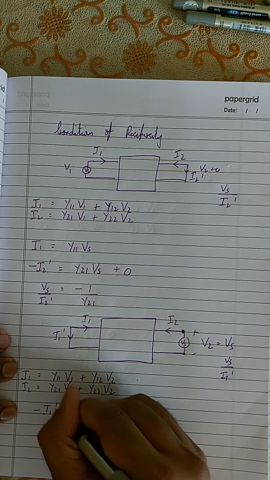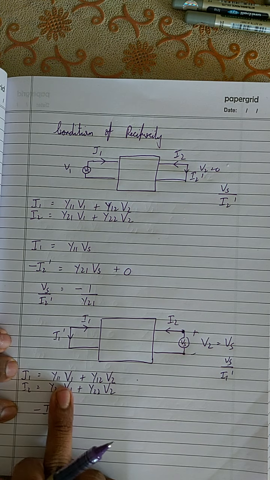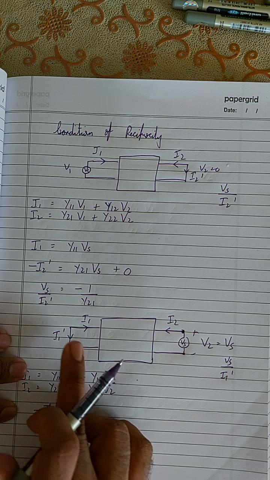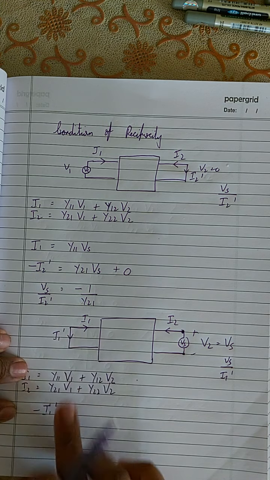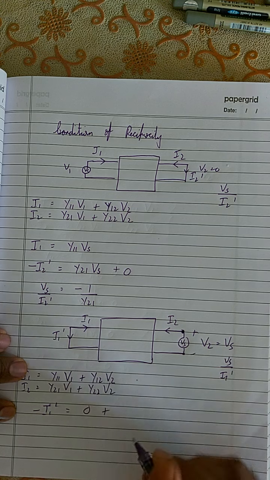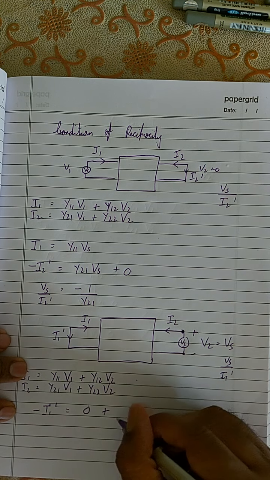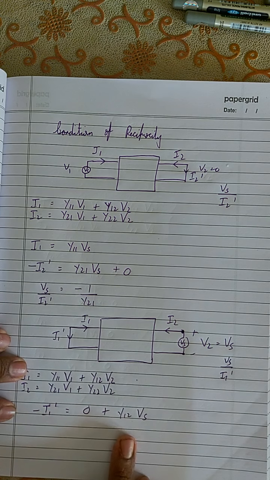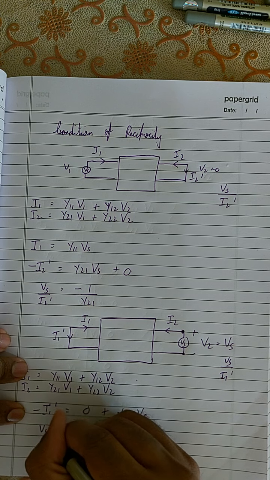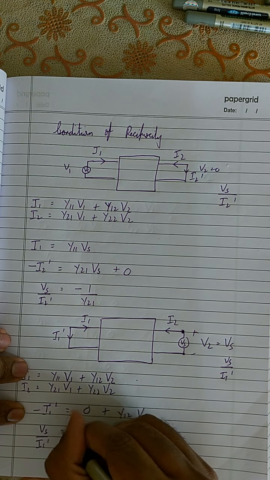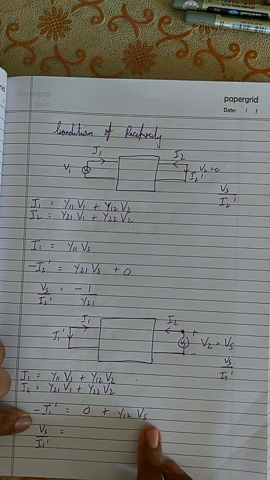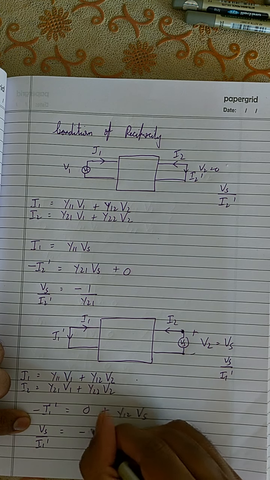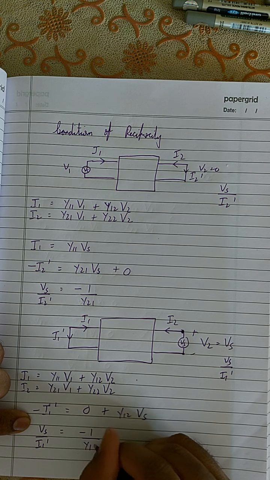So minus I1 dash is equal to y11 times V1, and V1 is 0 because this port is shorted, plus y12 times V2, and V2 is Vs. So minus I1 dash is equal to y12 Vs. Therefore Vs by I1 dash is equal to minus 1 by y12.